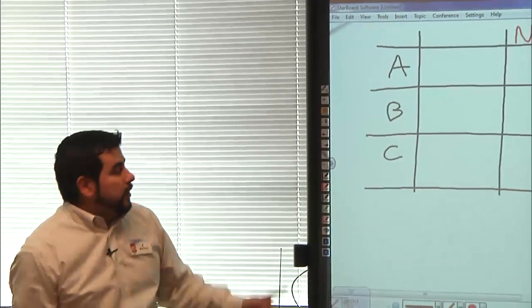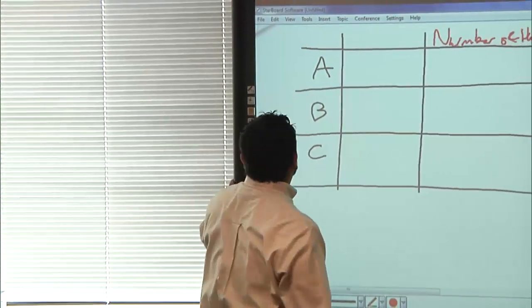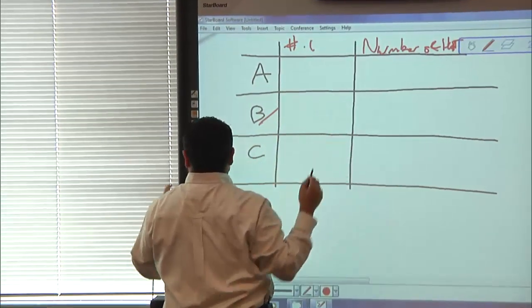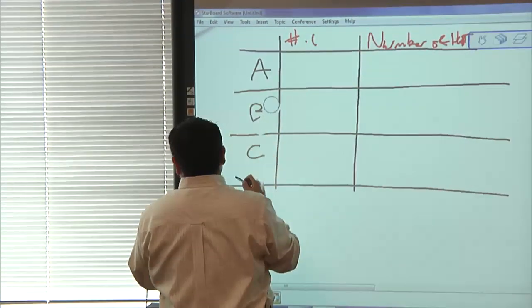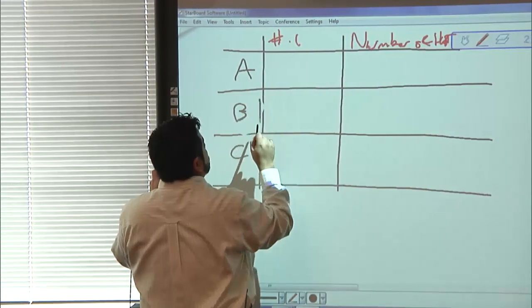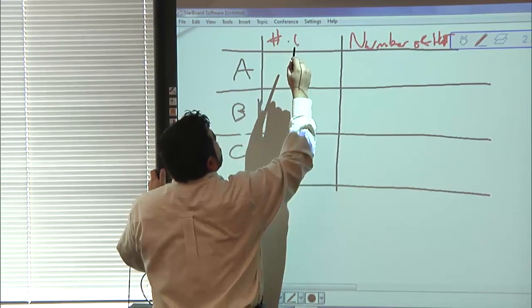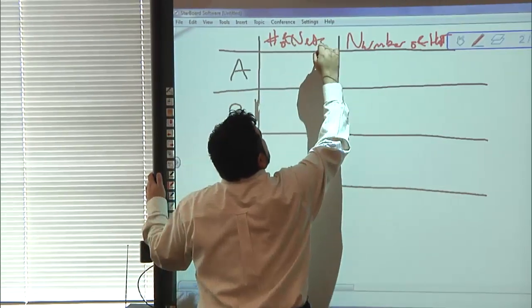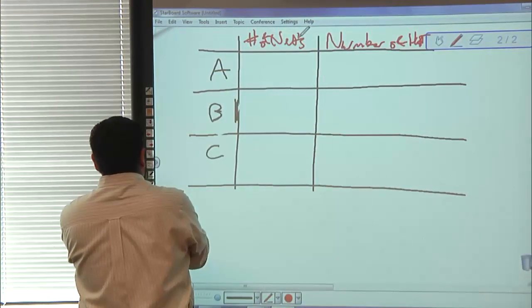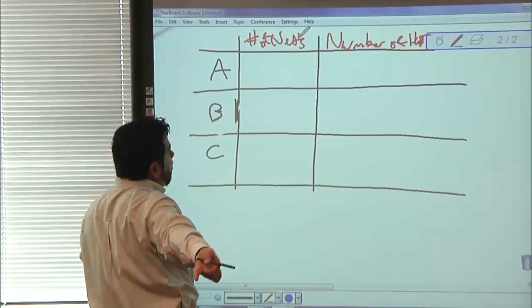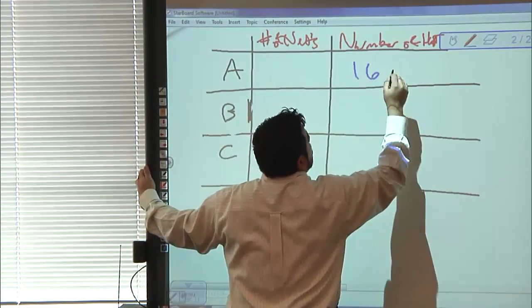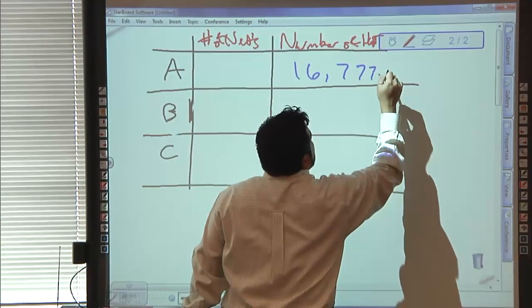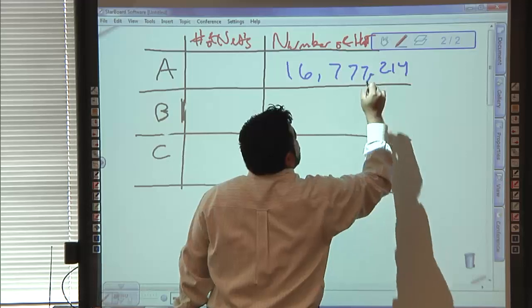So we talked about how many hosts a Class A has. This board's acting kind of goofy. 16,777,214 hosts.